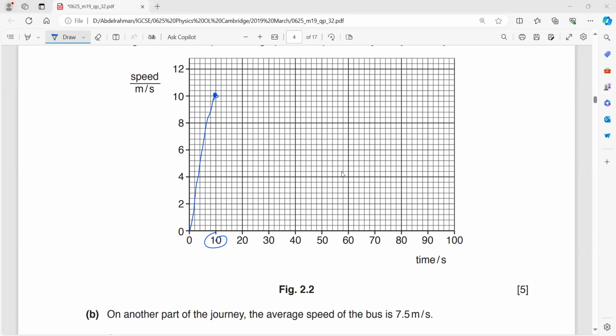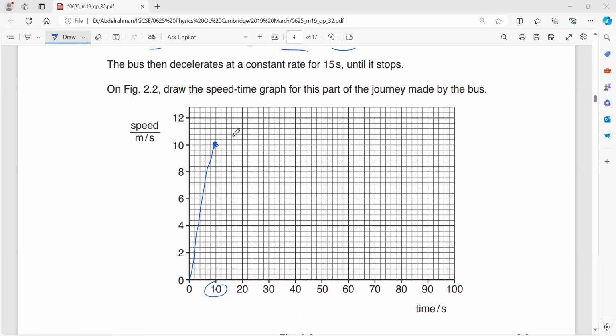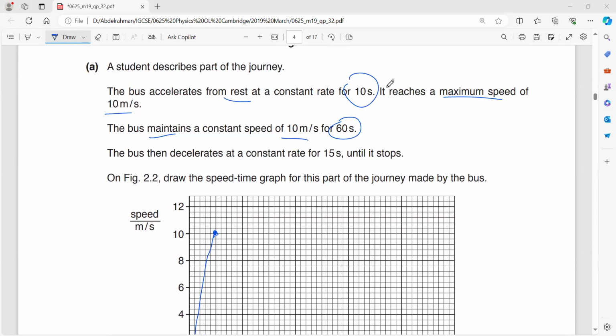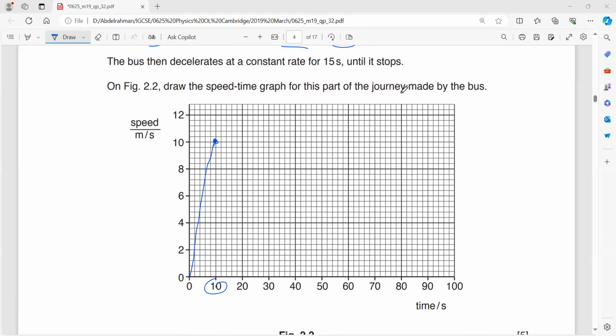Because he said for 60 seconds. Initially, he reached the speed of 10 meters per second after 10 seconds, and then he continues at that speed for 60 seconds. So I will add 60 plus 10, it will be 70. I'll draw a horizontal line until it reaches 70.